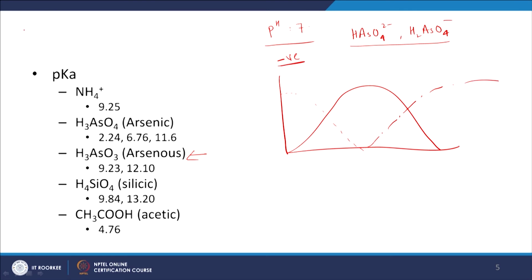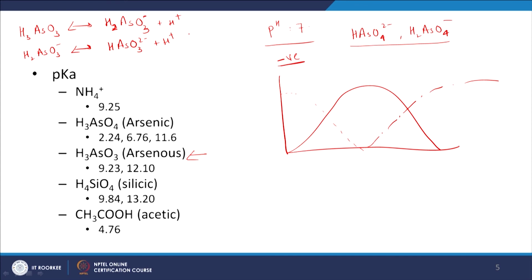So, H3AsO3 can dissociate into H2AsO3 minus plus H plus, and again H2AsO3 minus can further dissociate into HAsO3 2 minus, and again another H plus.